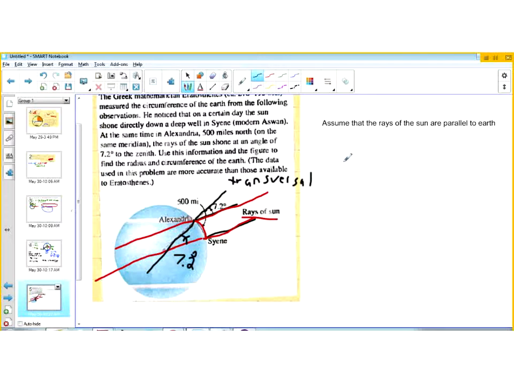So we want to find the radius of the Earth, and we'll call that r.